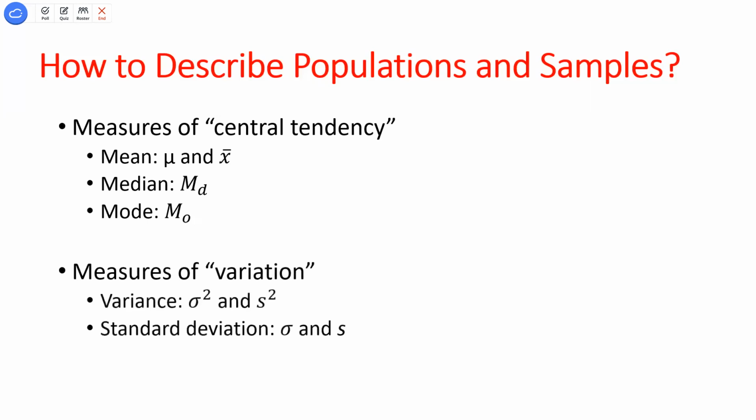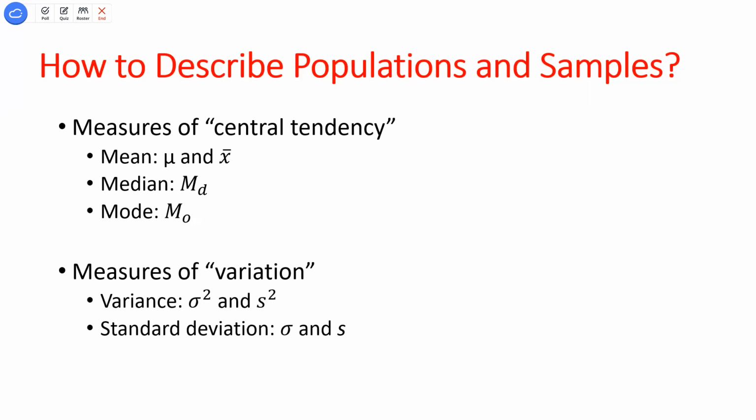We've also got measures of variation, which we'll talk about next week. So the variance and the standard deviation. The variance for our population we're going to write as sigma squared, the Greek letter sigma, lowercase. There's upper and lowercase sigma. So here's our Greek lettering, our variance, sigma squared.